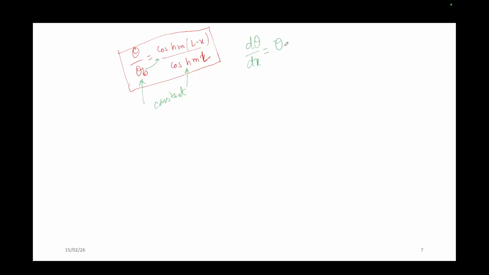This I just put it here. So that will be constant. Similarly, cosh mL is constant, so it will come out of the derivative. Only I have to differentiate cosh m(L minus x).